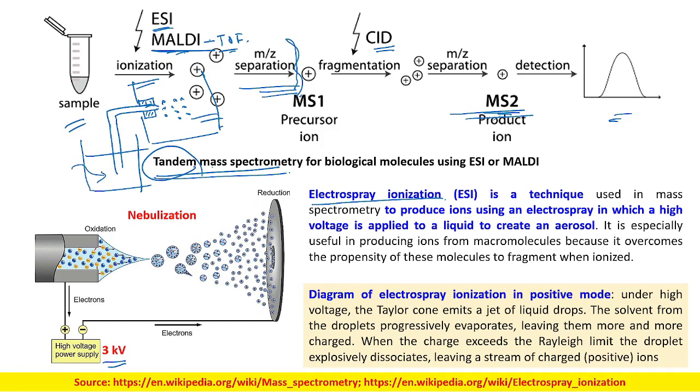So it is promoting the evaporation of the solvent, and by the time these aerosols reach over here, we are getting the charged particles, and these charged particles then gain entry into the analyzer section. Okay.